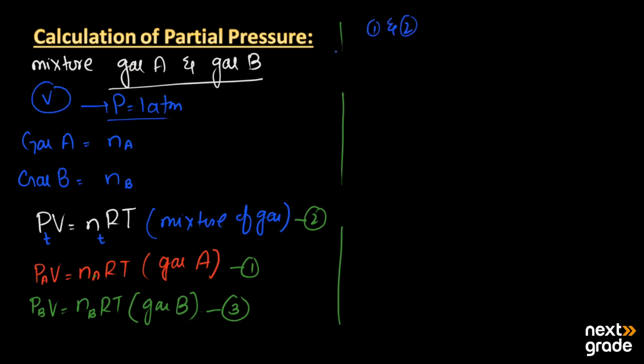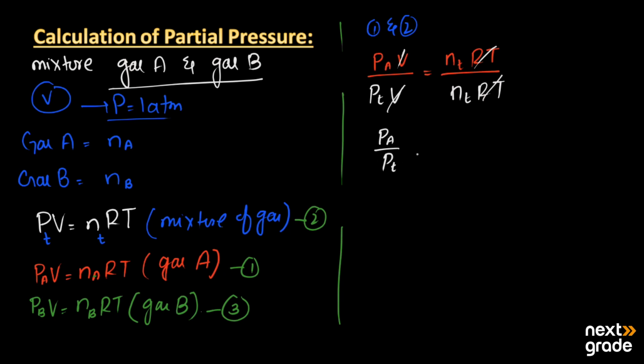After dividing, we have the equation PA V over PT V, which is equal to NA R into T divided by NT R into T. By cancelling the same terms, the result that we get is PA over PT, which is equal to NA over NT.